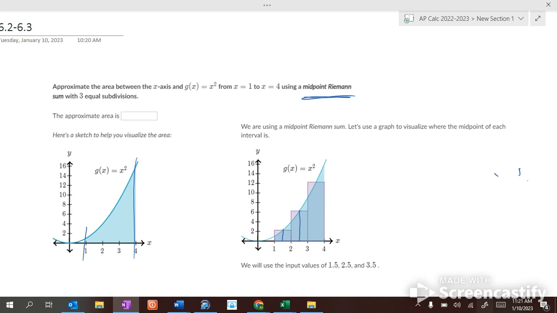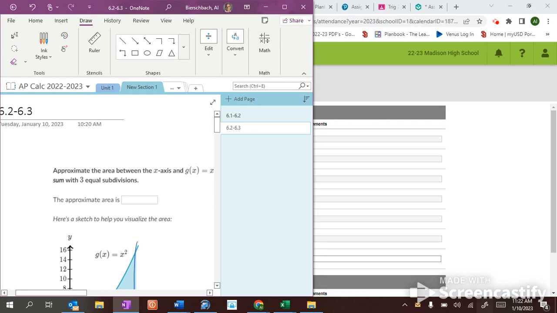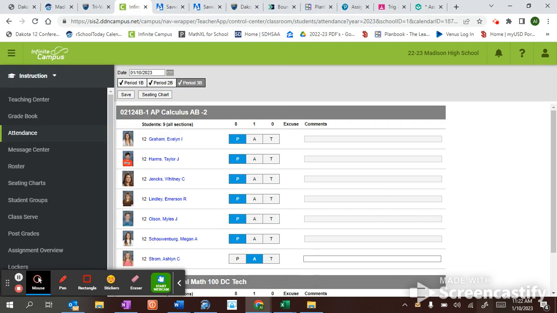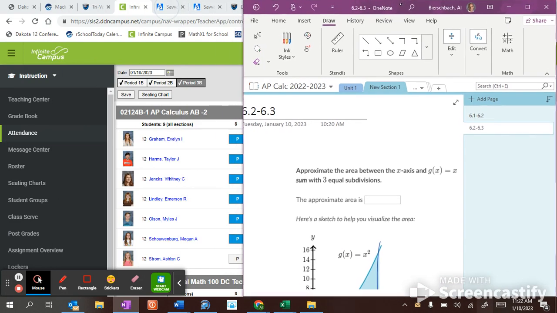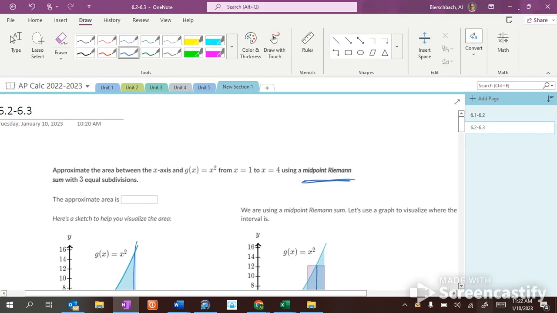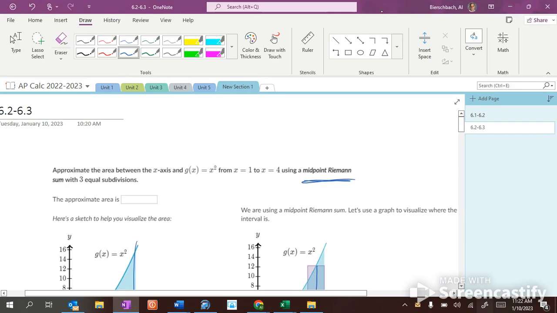At 2.5, we go up and make a rectangle. And at 3.5, we go up and make a rectangle. And let me do this and this. Dang it. Come on. Come back. And like this. I hate when it does that. It has a mind of its own.